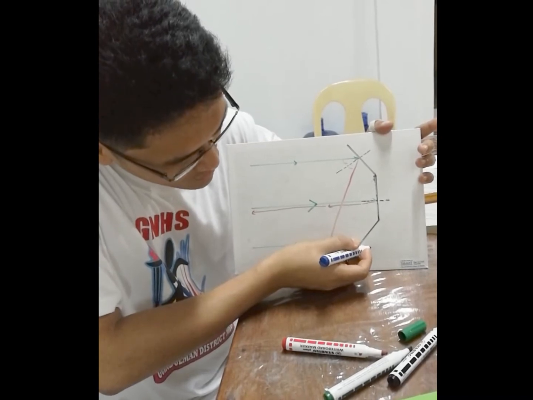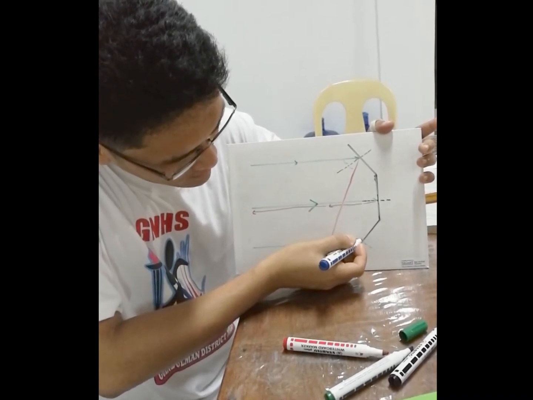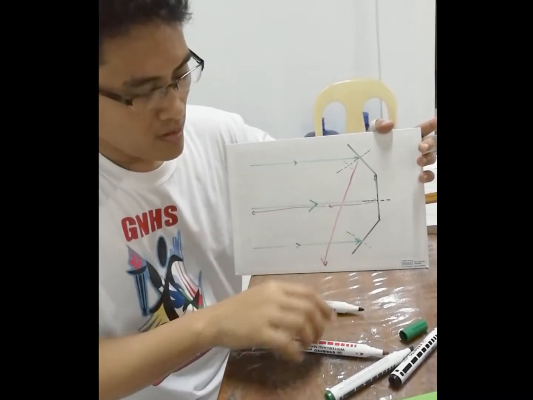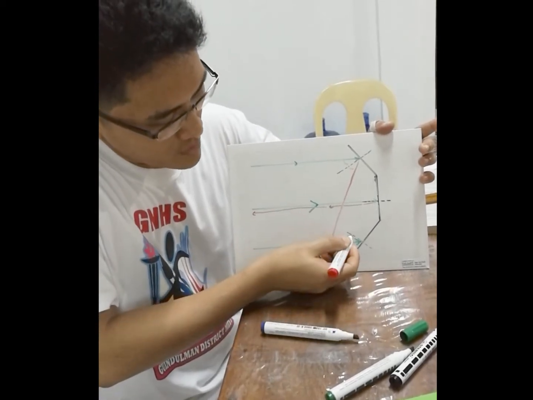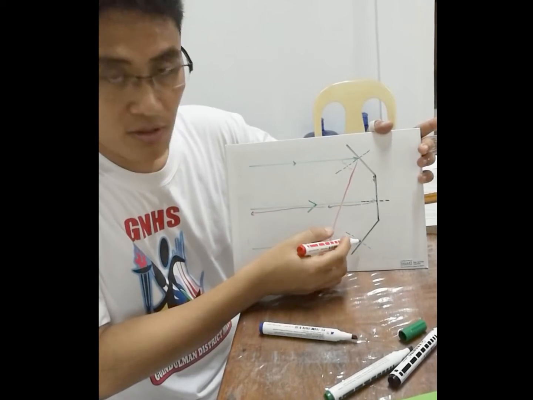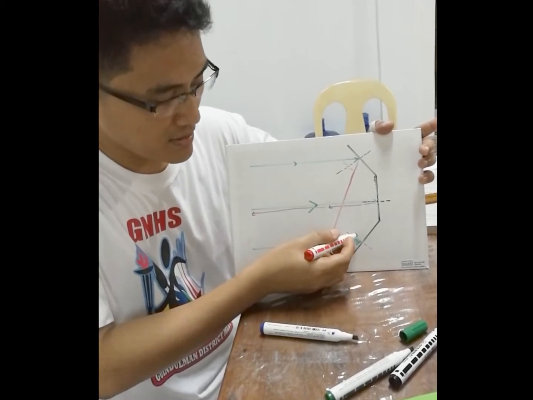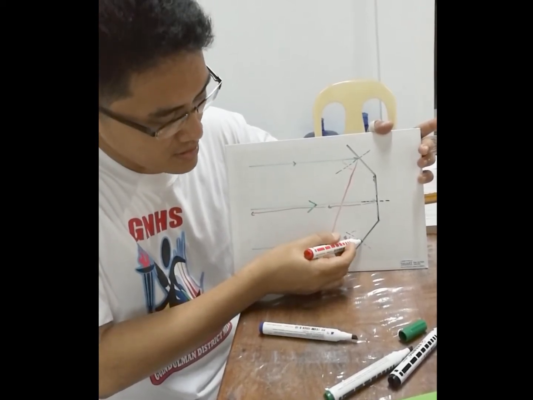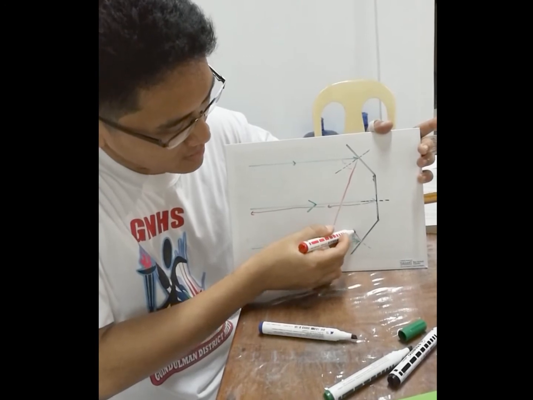You have to draw a normal line, right? And then that forms an angle here, angle of incidence. Then it will be reflected back at that same angle on the other side. It will be reflected like this.